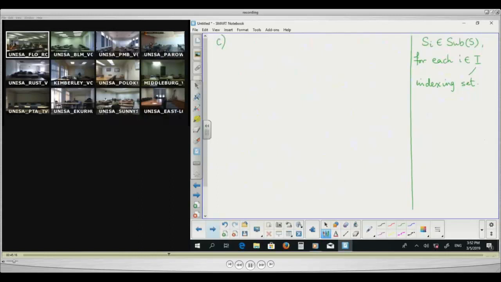We read it as the intersection of the S_i as i varies over all the indexes in I. Right? So what is this? x is a member of this if and only if for each i, x is a member of S_i.